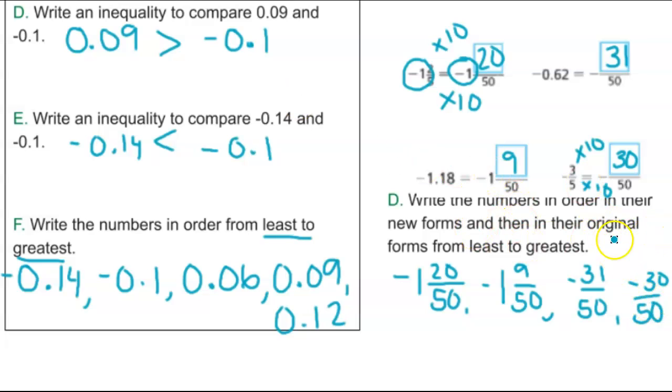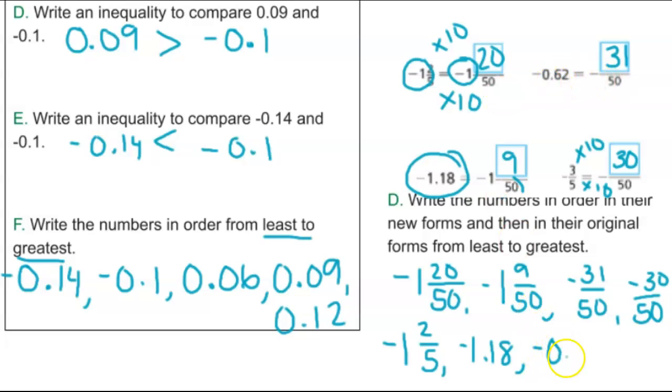Now we have to write the original form. So we're going to start with negative 1 and 2/5. Negative 1 and 9/50 is right there. Original form is that, negative 1.18. Negative 31 over 50 is originally negative 0.62.